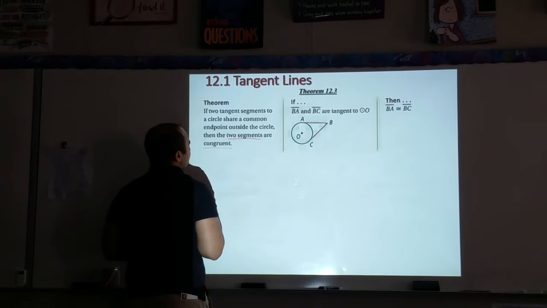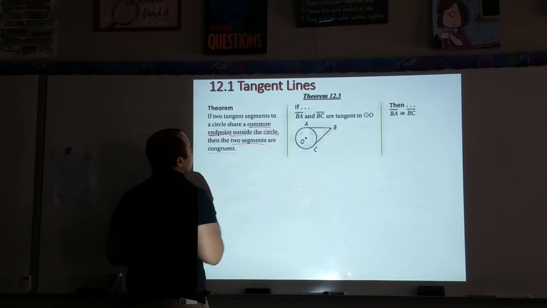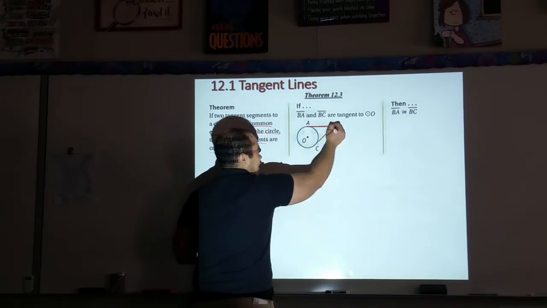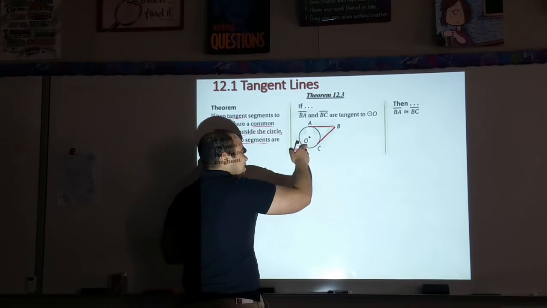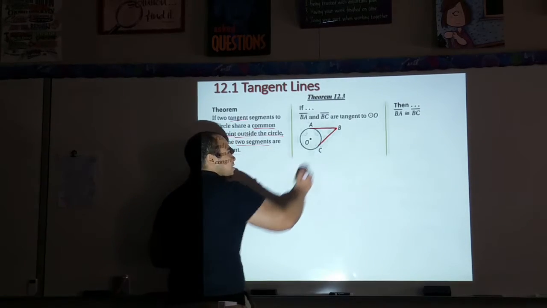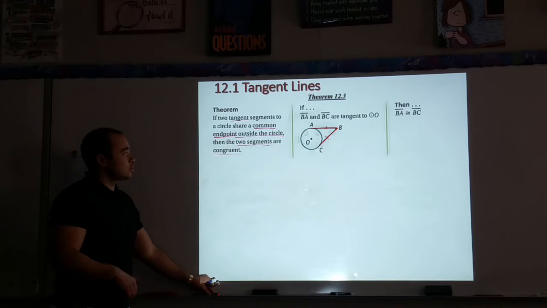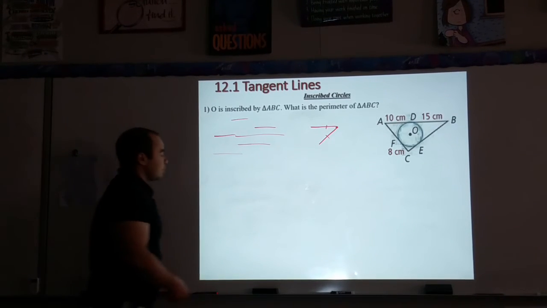So two segments are congruent if they share a common endpoint outside the circle, and they both happen to be tangents. So in this case, we have a tangent AB and a tangent BC. Since they're both tangents to circle O and they share endpoint B, then they must themselves be the same length, or they're congruent. So we're going to use this information to find missing measurements and other problems.